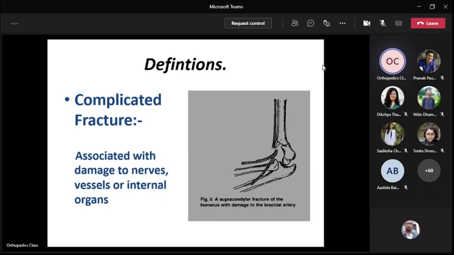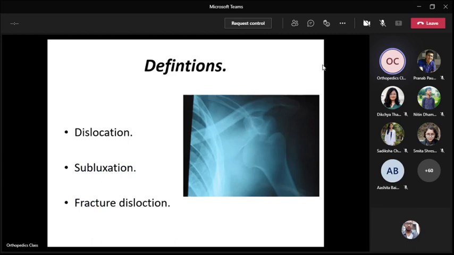So by definition, there are three types: closed, open, and complicated. What is dislocation? When the bone breaks, that is called a fracture. And when two bones which meet at a certain point have their relation disturbed, that is called a dislocation.